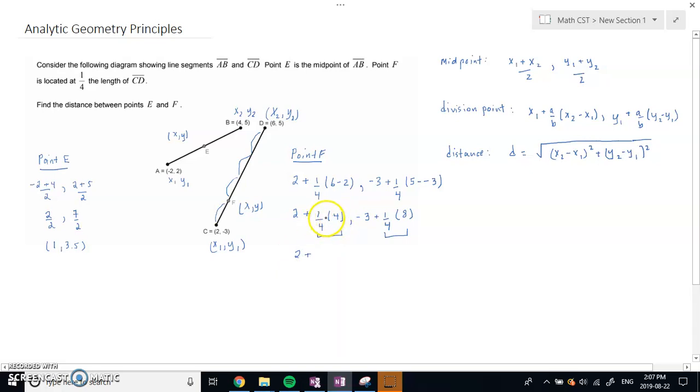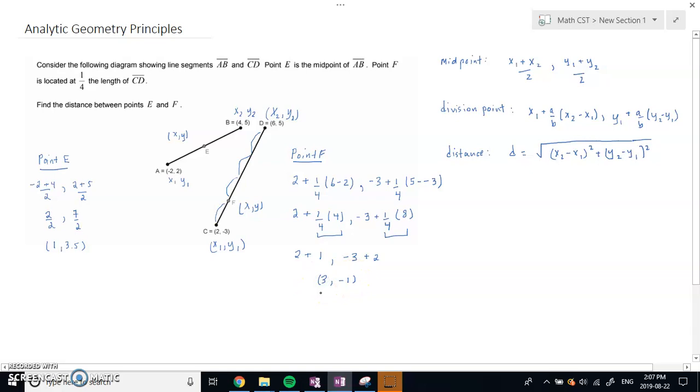So 4 times 1 divided by 4 is 4 over 4, which is 1. Negative 3 plus, now again, 8 times 1 is 8, divided by 4 is 2. And then I get my new point here, 3, negative 1.